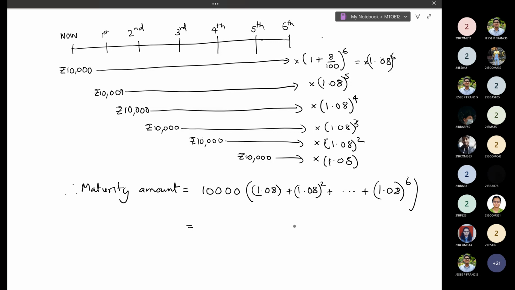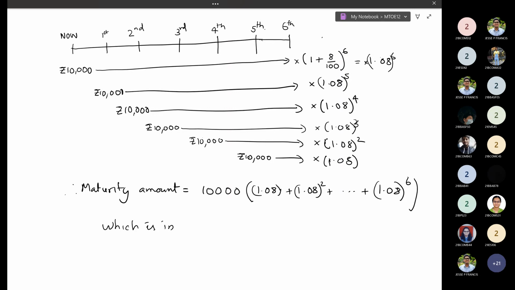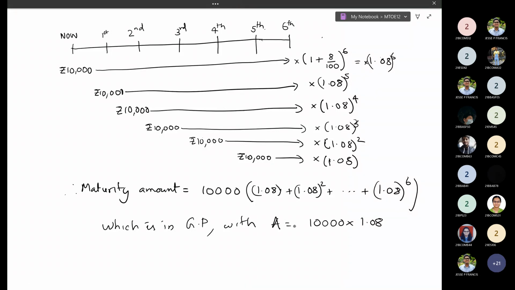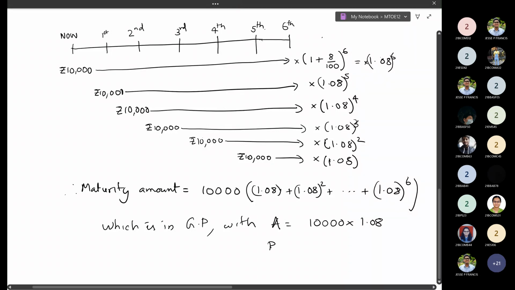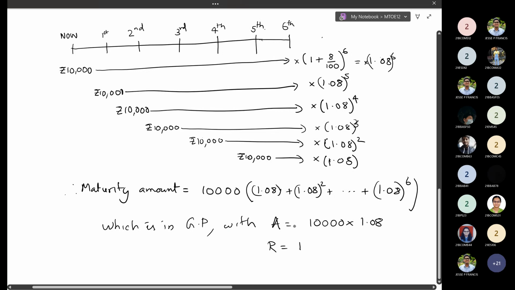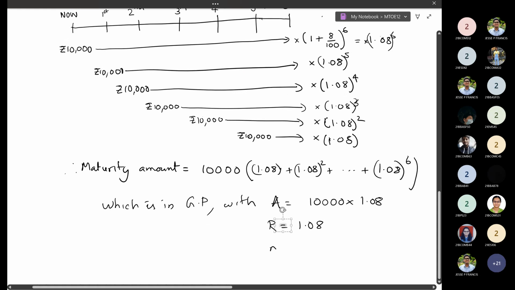We will use the geometric progression, with first term equal to 10,000 into 1.08, common ratio equal to 1.08, and N equal to 6.